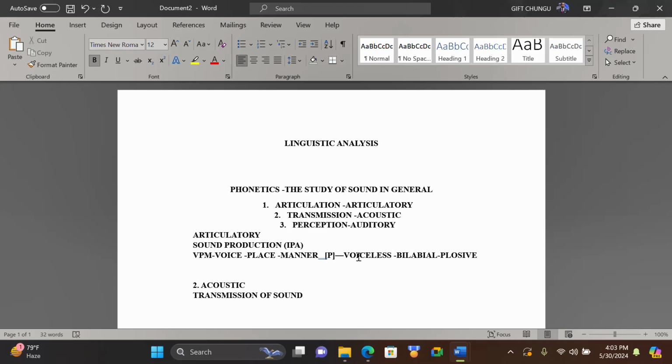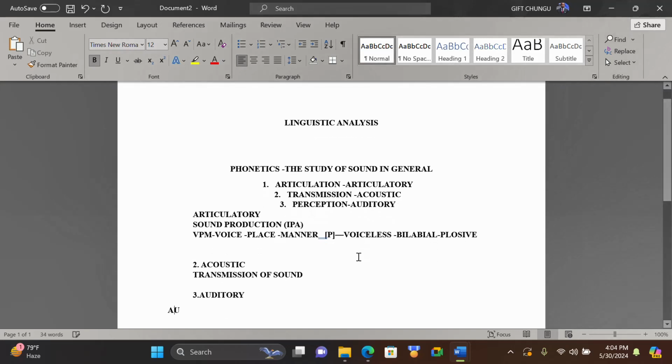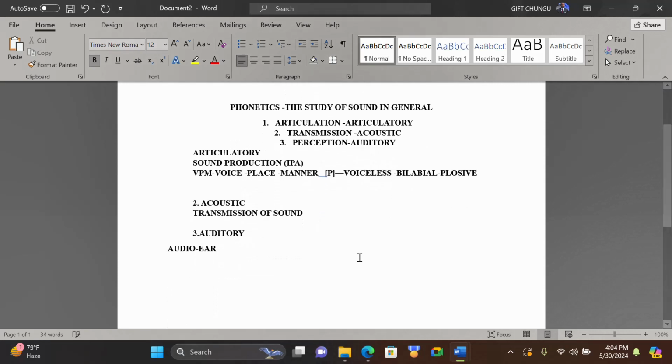And now, lastly, we are looking at perception of sound. That is auditory phonetics. When we say auditory, this is coming from the word audio, and when you look at audio, you are talking about the ear. So the first thing is production.